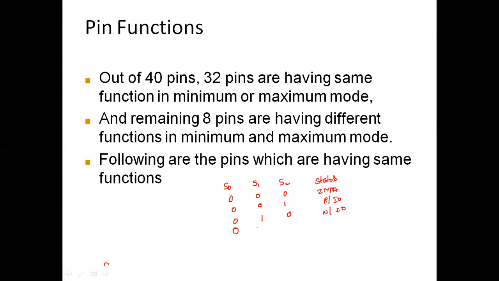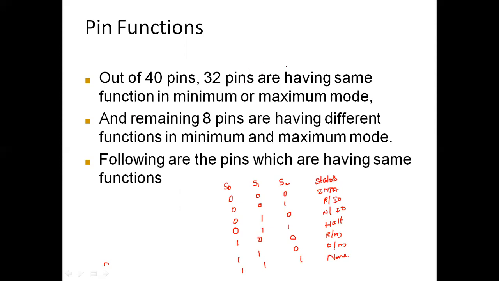If it is 011, it is the halt operation. The next combination, 100, is the read memory operation. Then 110 is the write memory operation. And the last one, 111, is no operation. This is how the status of S0, S1 and S2 works.